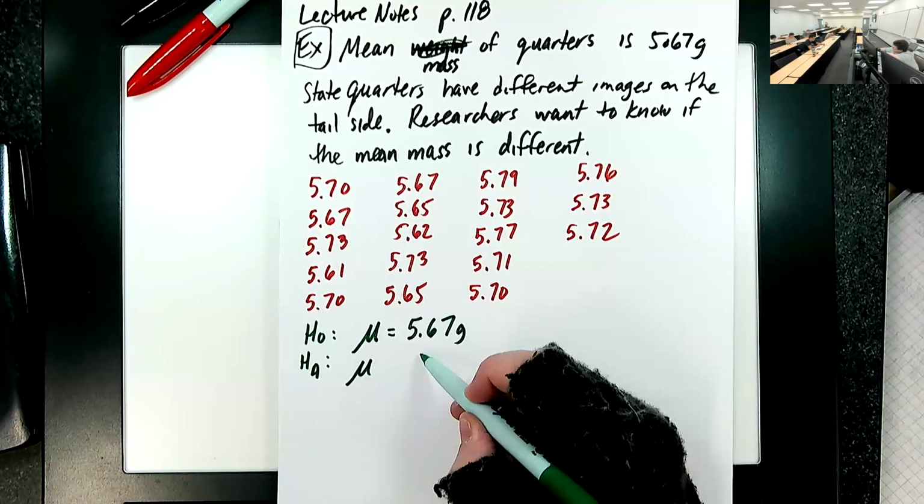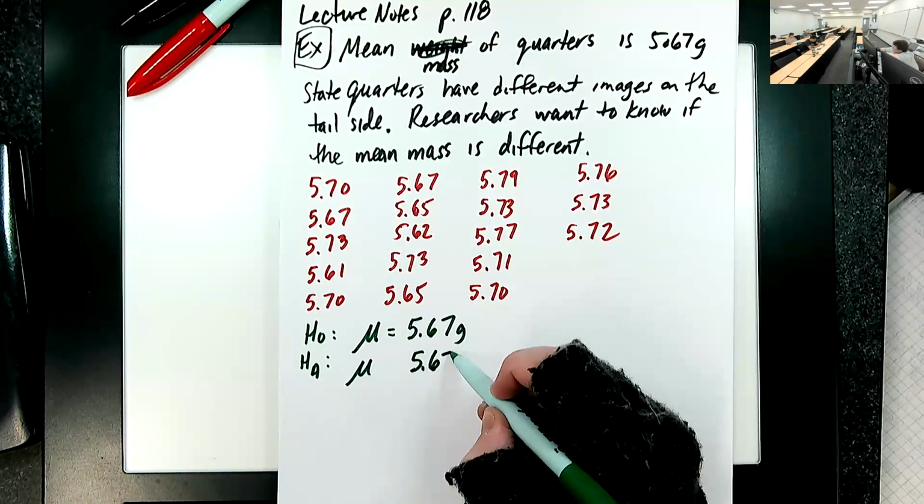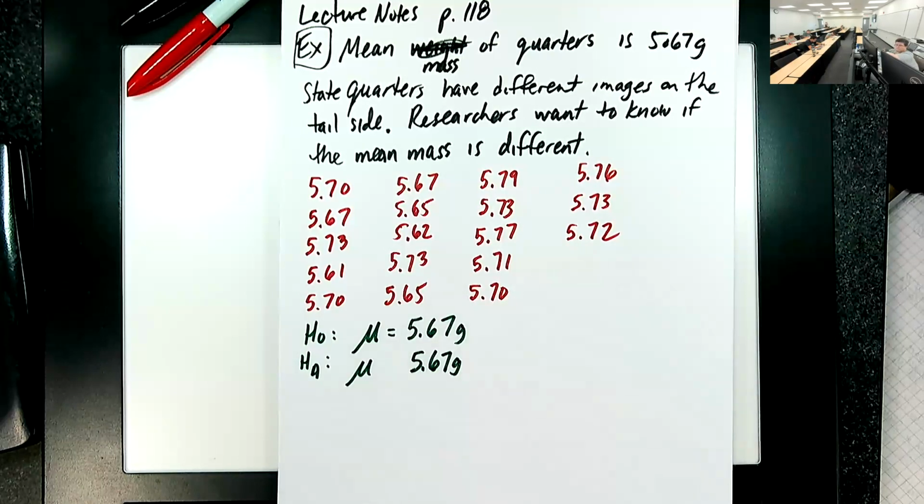What symbol are we using for HA? What's your thought, Gianluca? I was gonna put the x bar, the x with the bar on top of it.